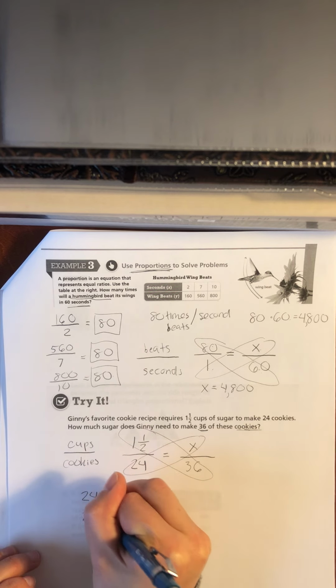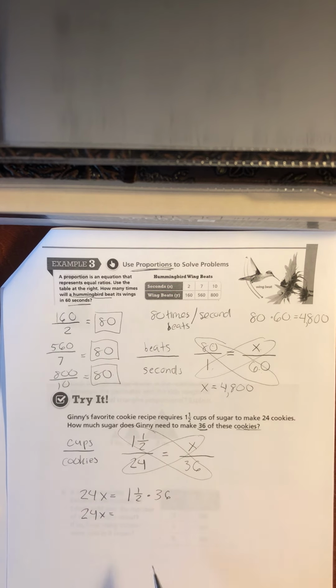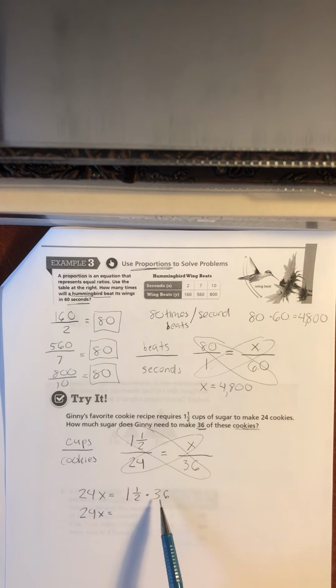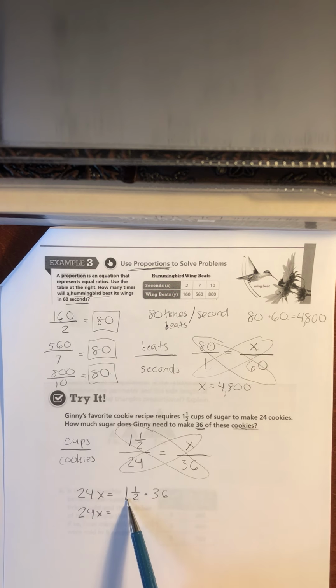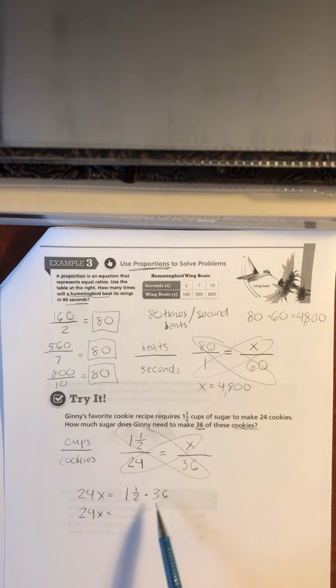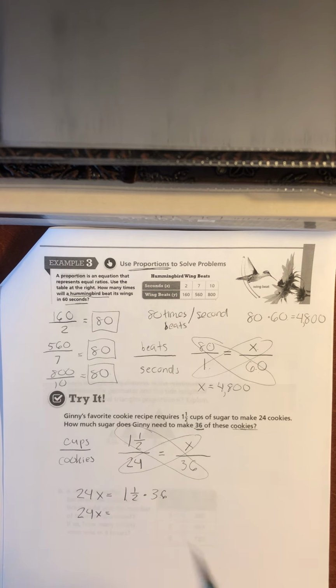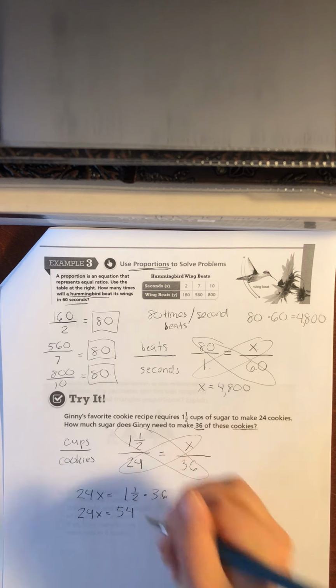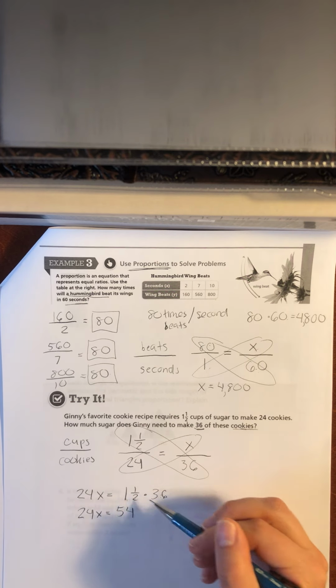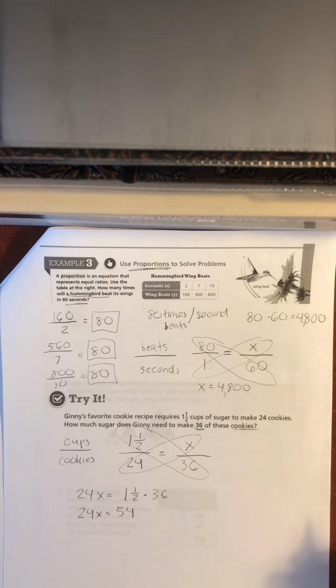We could do this part in our head because 36 times 1 is 36. Half of 36 is 18. So now 36 plus 18 is 54. You could always convert this to improper and multiply it that way as well if you didn't know that.